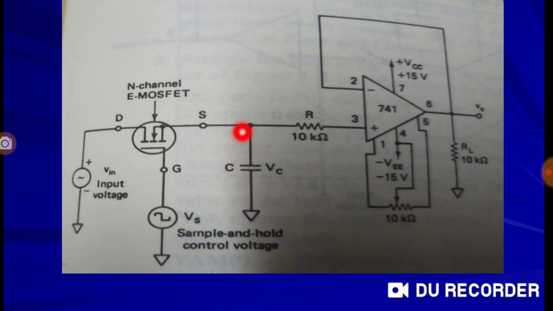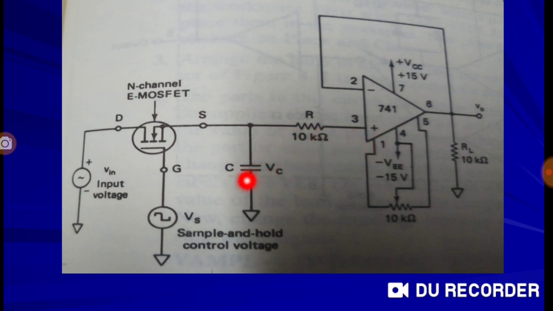Now the capacitor is connected to the positive terminal of the op amp, and we know that the internal resistance of the op amp is very high, it is infinity ideally. So the capacitor could discharge through this point, but since it has infinite resistance, this path is also closed for it, it cannot discharge through this path.